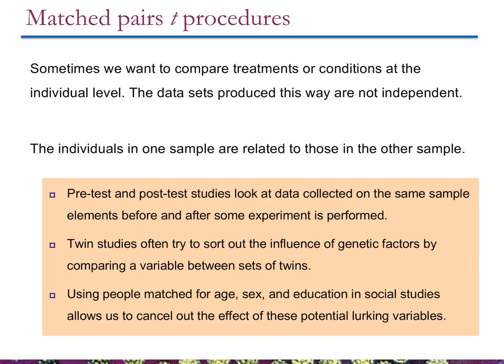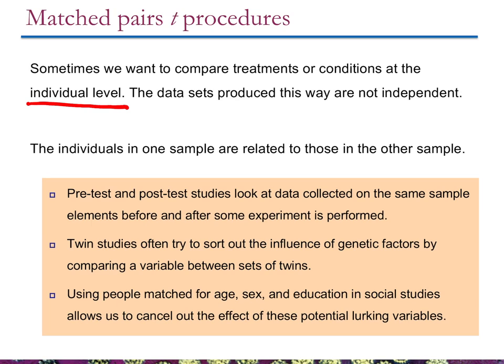Now we're going to do a variation on the one sample t-test called a matched pairs t-procedure. And in this case, we're looking to compare the effect of a drug or something like that at the level of the individual. Okay, so data sets here are not independent of one another, and you'll get what I mean here in just a minute.